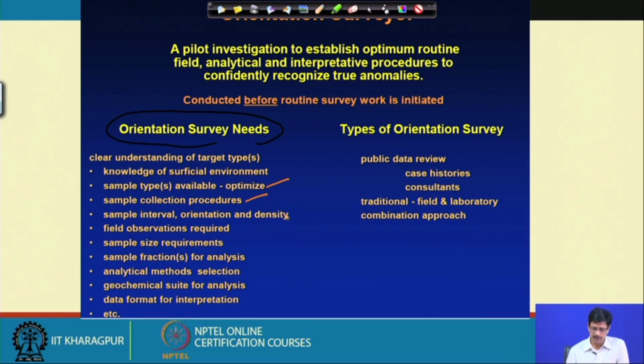The sample interval, orientation and density. The sample interval is a very important decision to be taken, because it depends on the dimension of the targeted ore body.